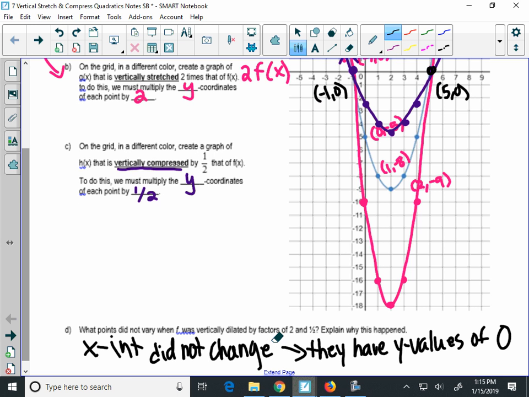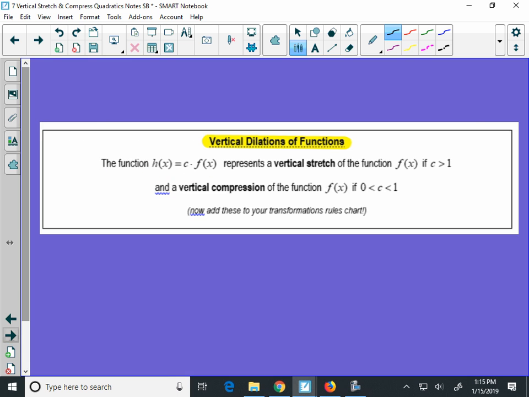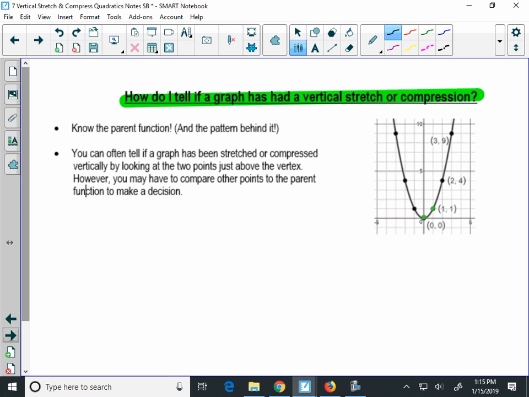Okay? The hardest part about vertically stretching and compressing is not recognizing it in the equation, it's recognizing the vertical stretch and compression while you're looking at the picture of the graph. All right, looking at the equation, it's easy to say, oh, I know what the 2 or the 1/2 out in front does. In order to tell if you have a vertical stretch or compression, we need to make sure we understand the parent function.